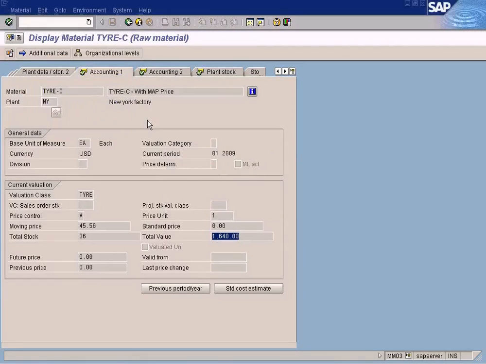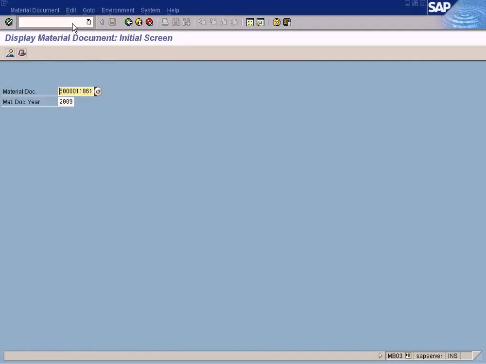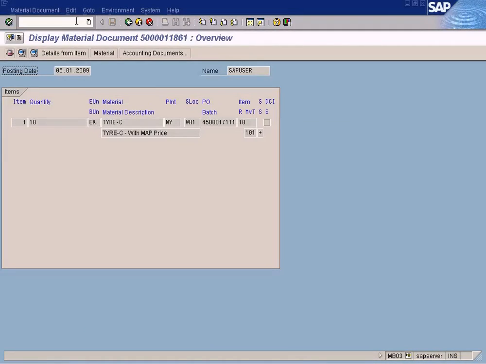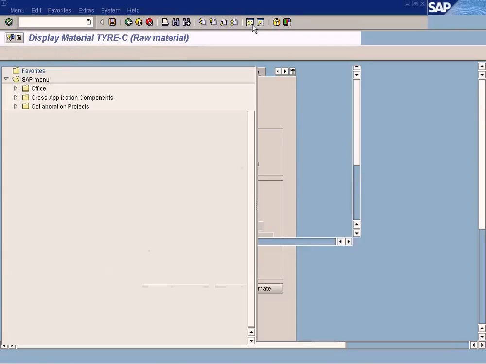So the new moving average price would be 44.34. We will see that in a while. So it is posted. It takes some time to update the database for any material document posting, so we need to make sure it can be displayed and that it has been updated.